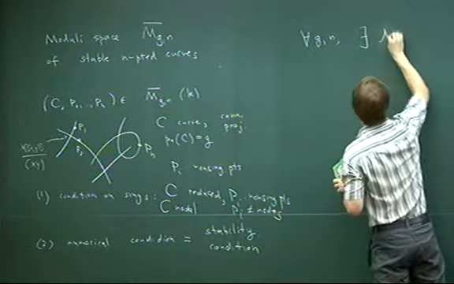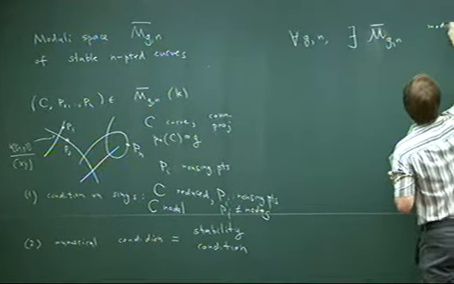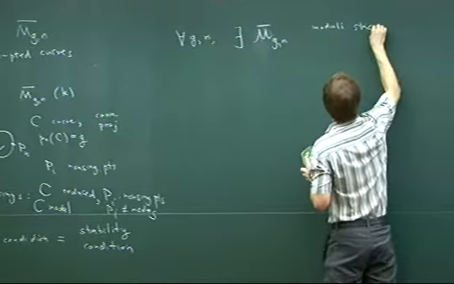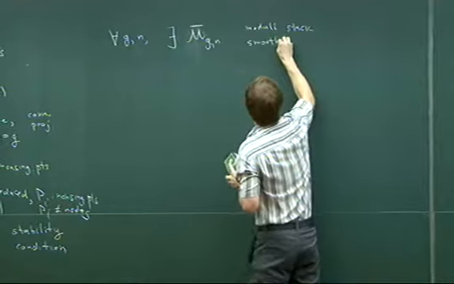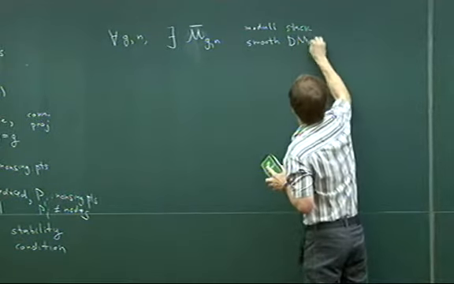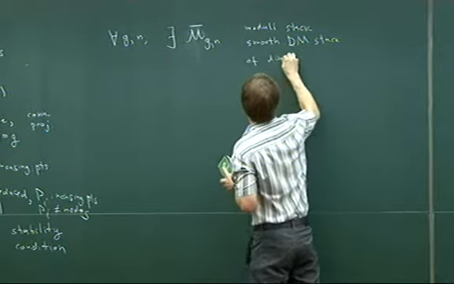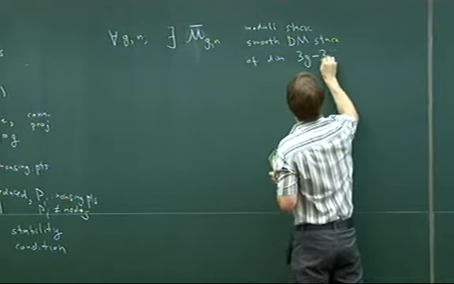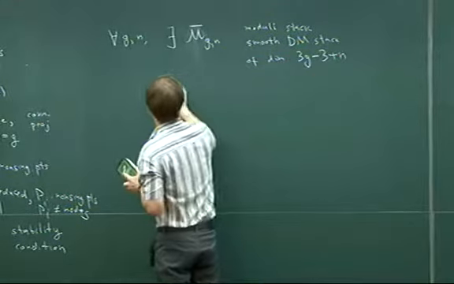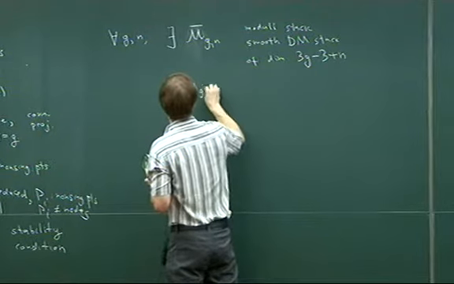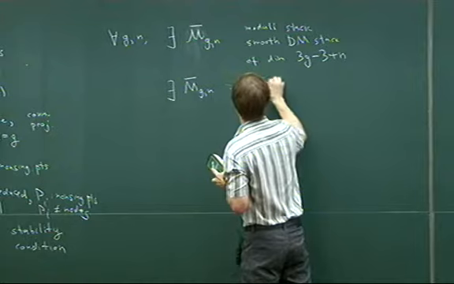There exists the moduli stack, which is a smooth Deligne-Mumford stack of dimension 3g minus 3 plus n. And there exists this M_g,n bar, its coarse moduli space.